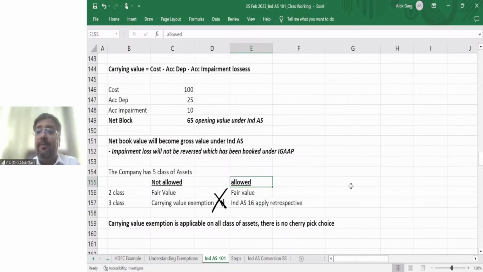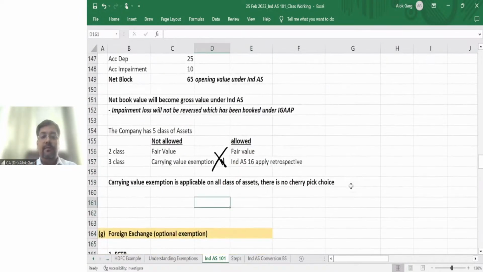If you want to apply the carrying value exemption, it has to be for the entire class of assets, not on some classes. Clear? No cherry-pick choice.